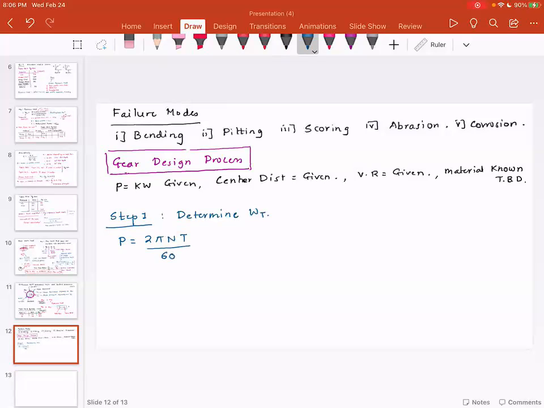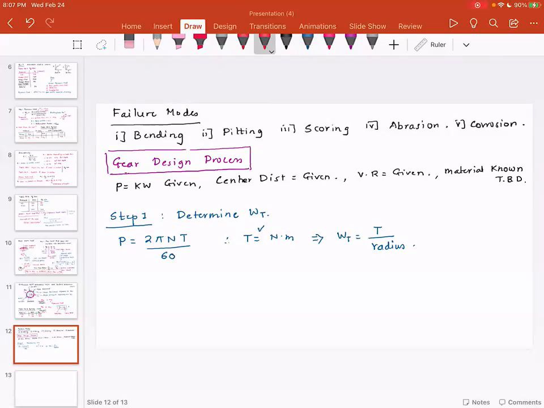Typically, this value of speed will be known. So from that equation, we can find out the value of torque in Newton meters. And from torque, we can find out Wt is equal to torque divided by the radius of the gear. And with this, we can find out Wt.